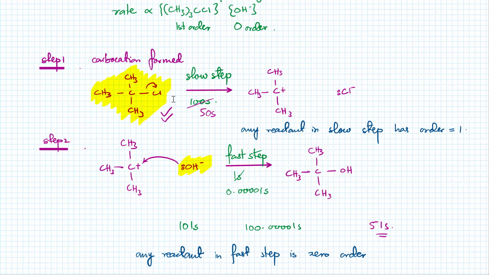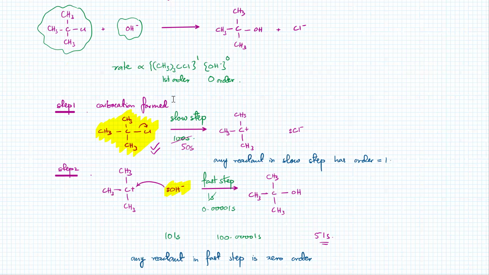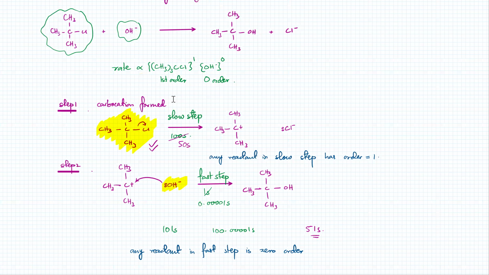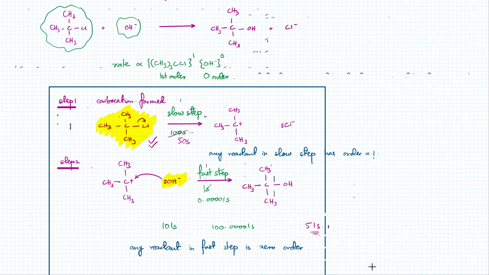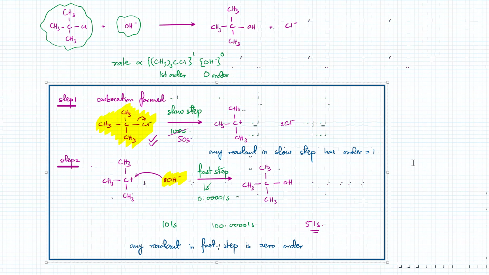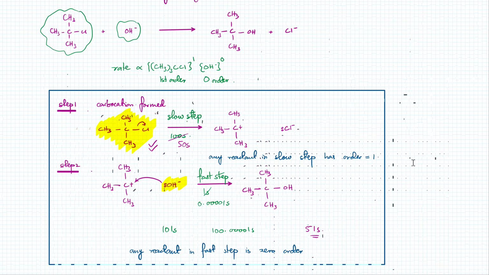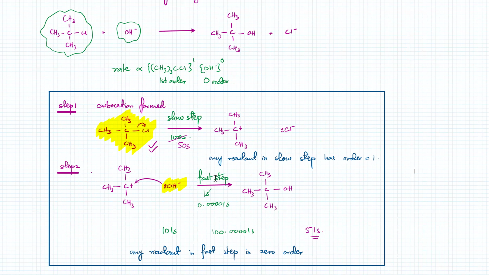Any reactant that's involved in the slow step is going to have order 1. So remember, reactions happen in steps. I'm going to come to order 2, but we don't have time for order 2 at the moment. But is this part clear, that this is what determines the order of reaction? Is this part clear to everyone? Yes, sir.